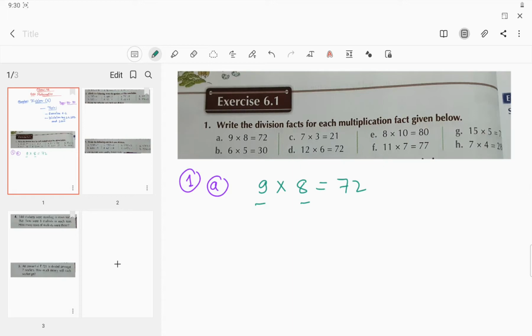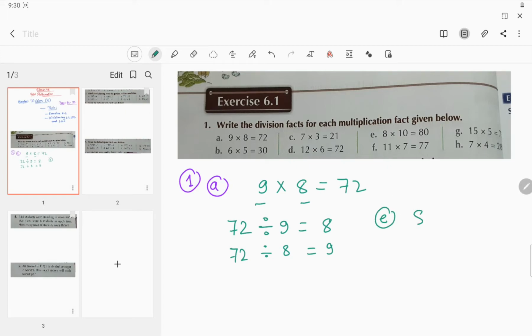Because I told you that every multiplication fact has two division facts, if you divide 72 by 9, you will get 8, and if you divide 72 by 8, you will get 9. So these are the division facts.